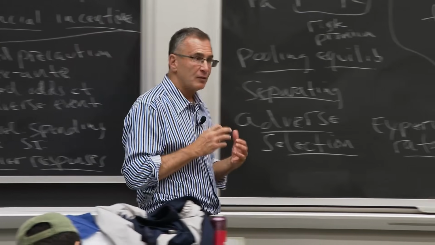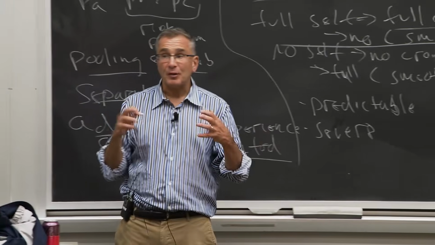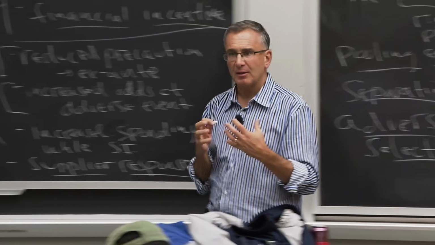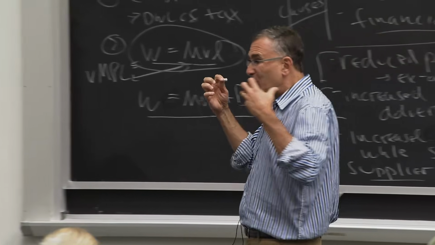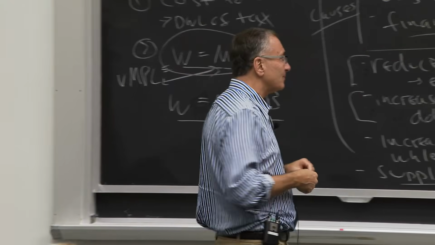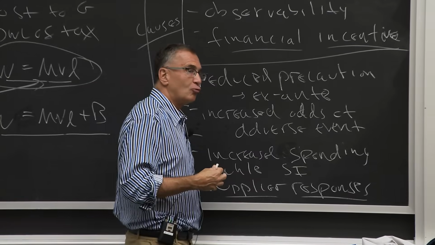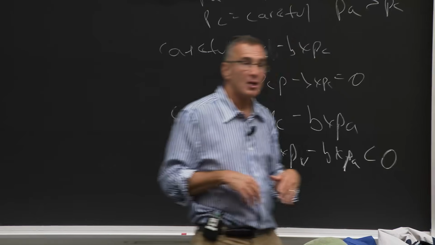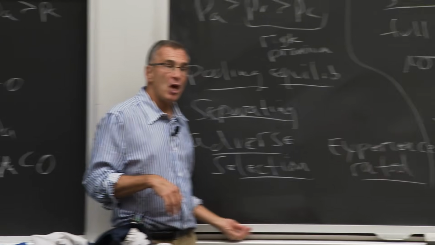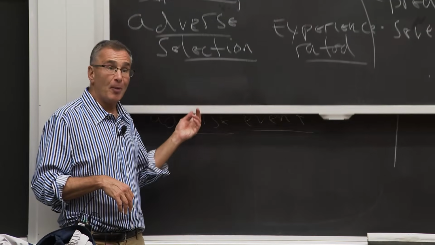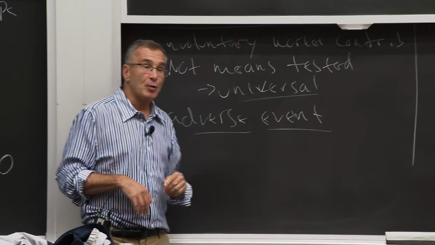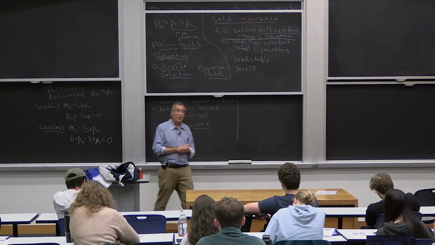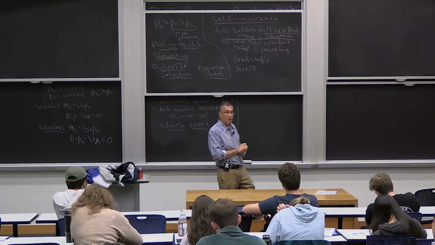Where does this leave us? Well, this is why I love this topic: we finally, in this class, actually get to write down a condition for optimal government policy. We don't say, well, on the one hand, on the other hand. We actually say, now we know what the government should do. And what the government should do is quite simple. It should provide you social insurance such that the benefits equal the costs.